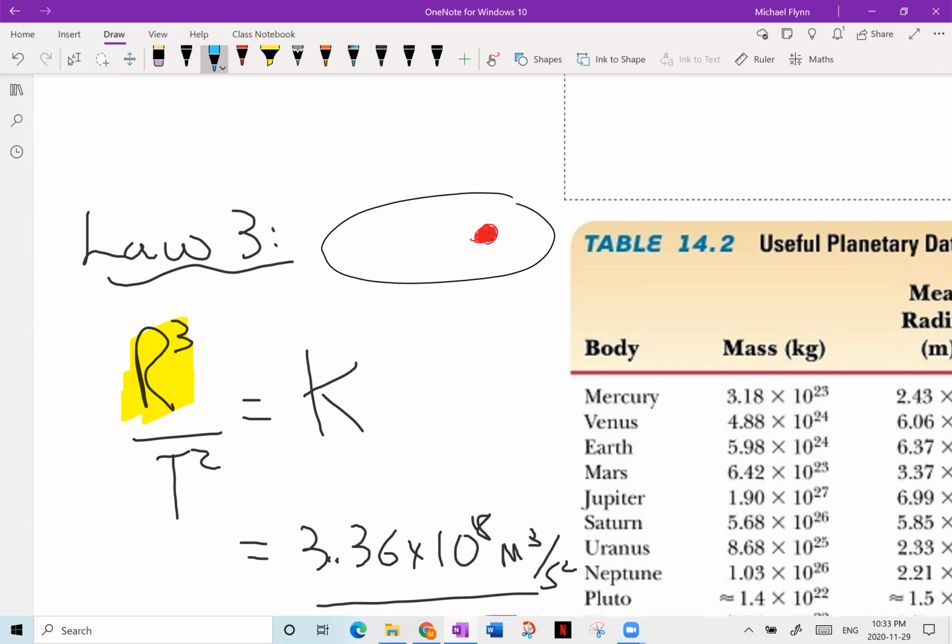So then the mean radius, R, is just an average value. It's the distance between the sun and the planet. And you would average it out across the entire ellipse, so you can have a smaller R value here. But that's what R represents, the distance between the planet and the sun, okay?